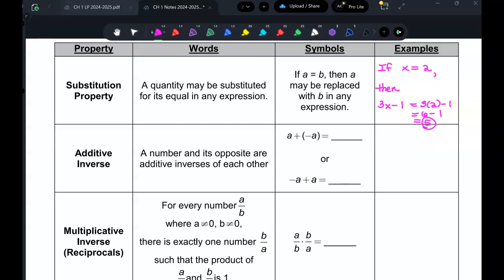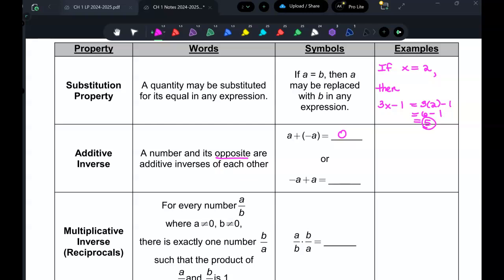Okay, next one. We're going to do additive inverse. These are basically opposites of each other, okay? And what happens when we add opposites to each other? So if I take A and negative A, they cancel, and we always get 0. Why is it in parentheses? Just to make sure it's a negative number.